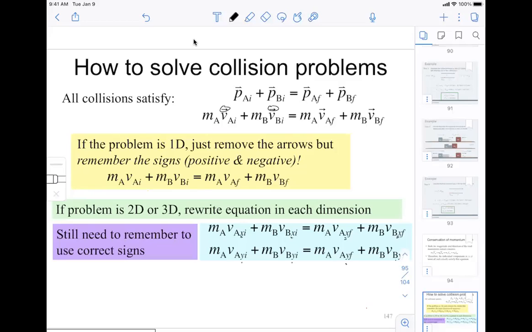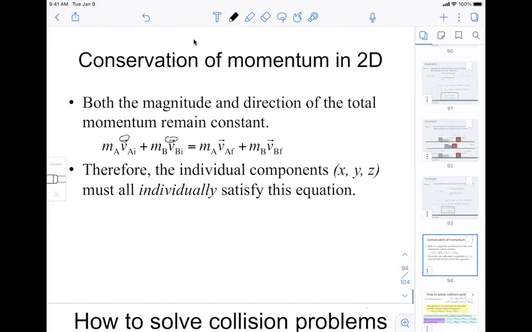Now, when it's 1D, if this is VA going this way initially, let's call it V naught, and I've defined this as the positive direction. And if VA is going this way as your final, so it's the same magnitude.